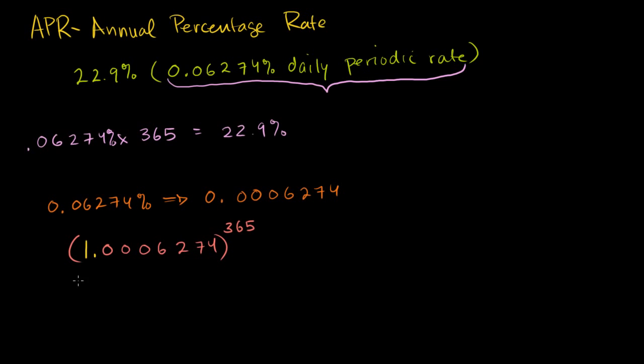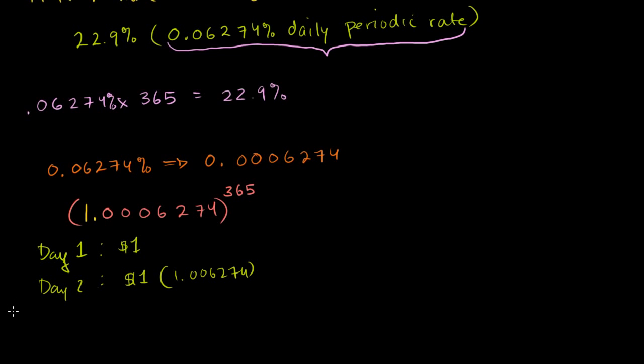That's because if I have $1 in my balance, on day 2, I'm going to have to pay 1.0006274 times that dollar. On day 3, I'm going to have to pay this much times that, times the $1 again. So let me write that down. On day 1, maybe I have $1 that I owe them. On day 2, it'll be $1 times 1.0006274.